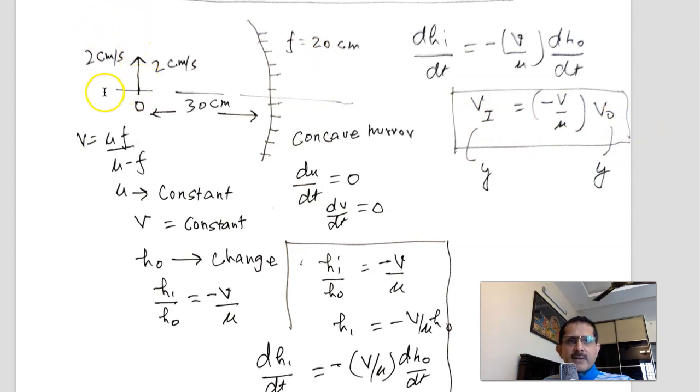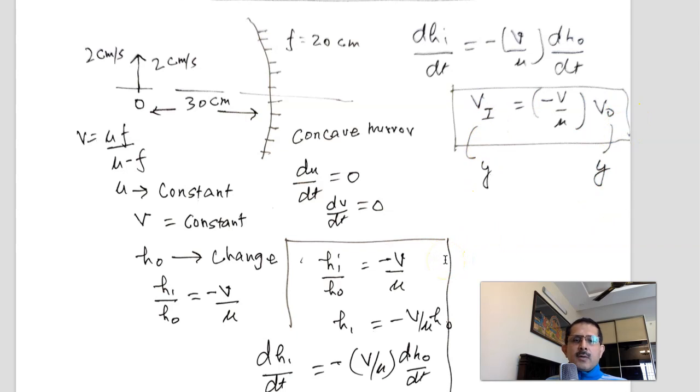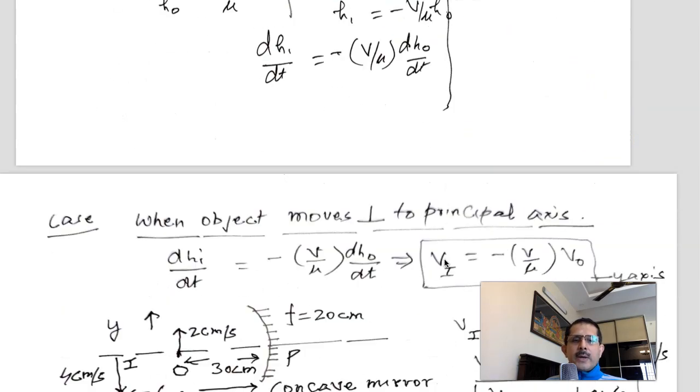Remember, this is the y-axis and this is the x-axis. This is a new thing which has come up now. Earlier we were talking only about motion along the principal axis, but now perpendicular to the principal axis also comes into play. Vi is along the y-axis and Vo is along the y-axis. Just take a note. We will quickly move to a question.